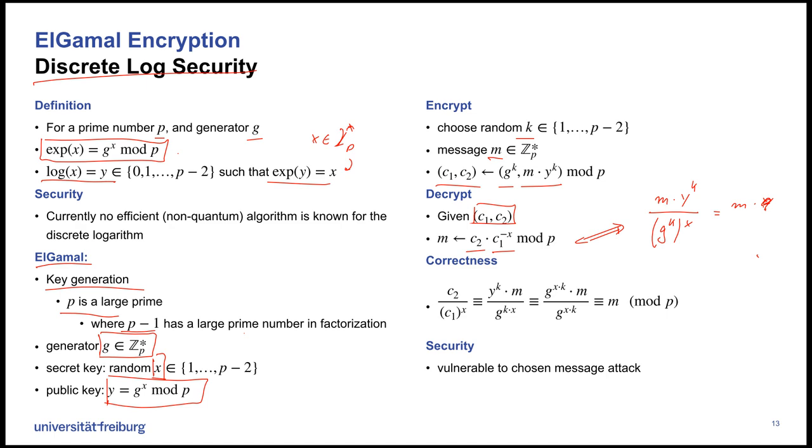So I have m times g to the power of x, so that's y, to the power of k, divided by g to the k times x. And the only thing is now, the order is swapped, and we can exchange that, and so we get rid of that, and we have the original message again.